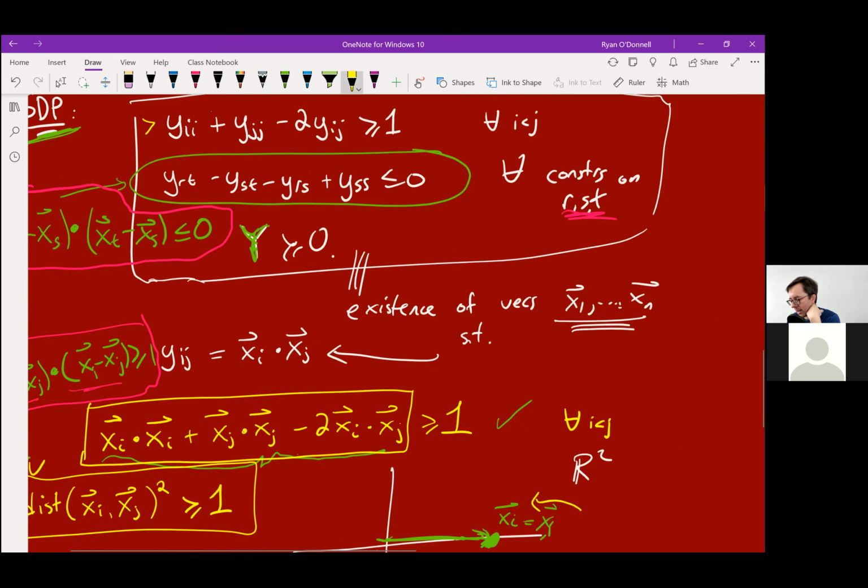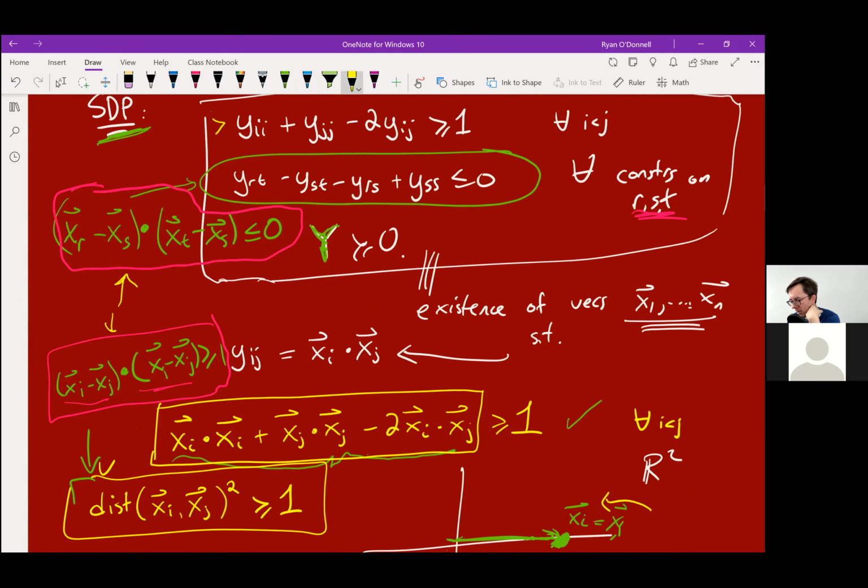Apparently they satisfy these properties in pink boxes, but maybe we should think a little bit about what that means. Let's start with this pink box. It said the distance squared is at least 1.